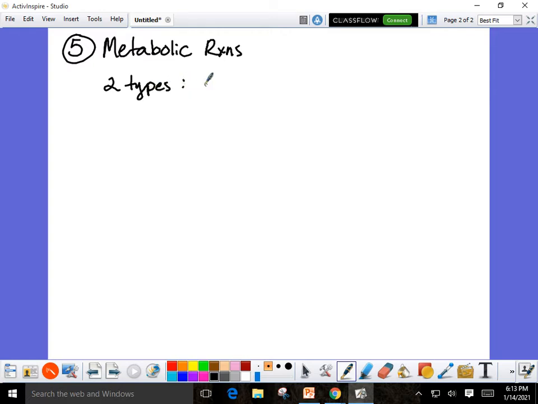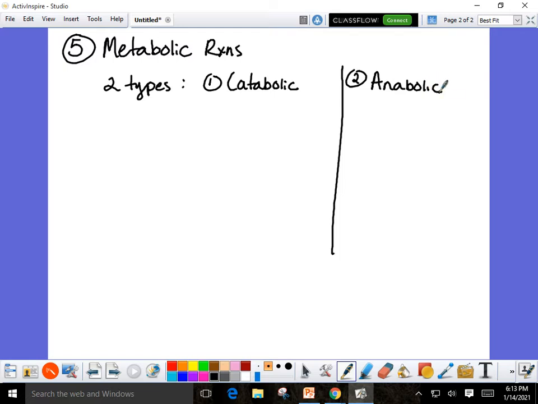One of them, I'm going to do this in kind of a little table, is called a catabolic reaction. And the second one is called an anabolic reaction. Okay, let's talk about catabolic first.